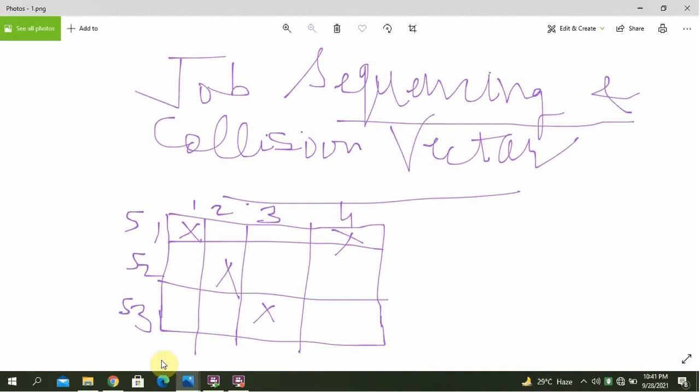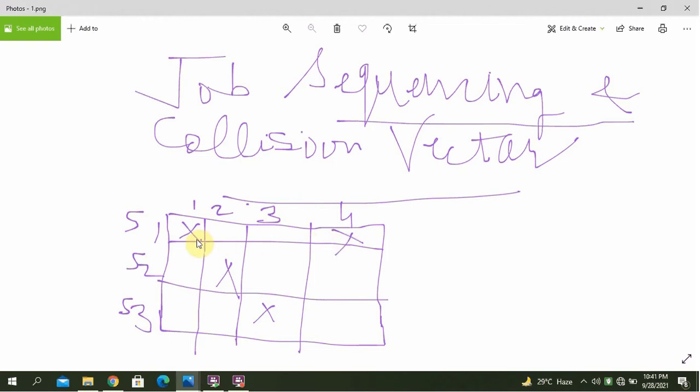In this example, the forbidden set is 4 minus 1 equal to 3. Forbidden set means the set of column distances between all possible pairs of X's on each row of the reservation table. So 4 minus 1 equal to 3.